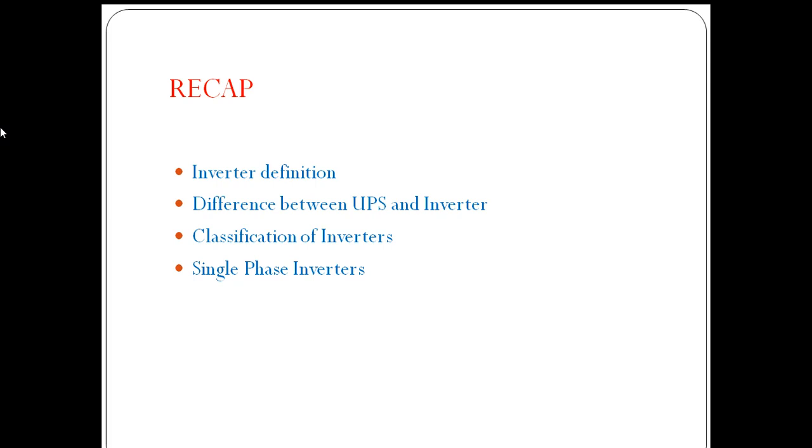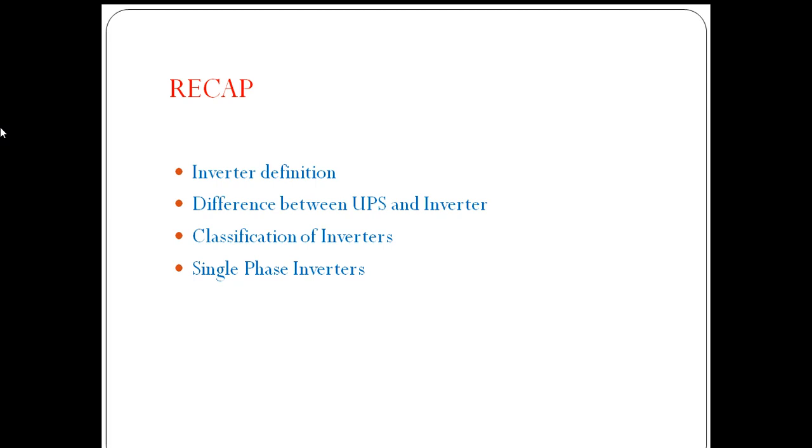Based on the connection of semiconductor devices, they are classified as bridge inverter, series inverter, parallel inverter. So today we will focus on this connection. Based on connection, we will discuss series inverter and parallel inverter. These inverters are again classified based on number of phases, single phase inverters and three phase inverters.